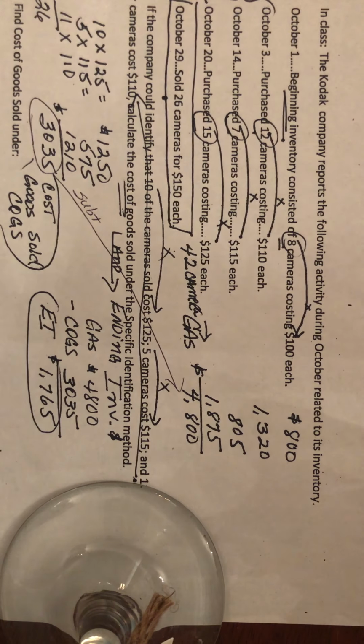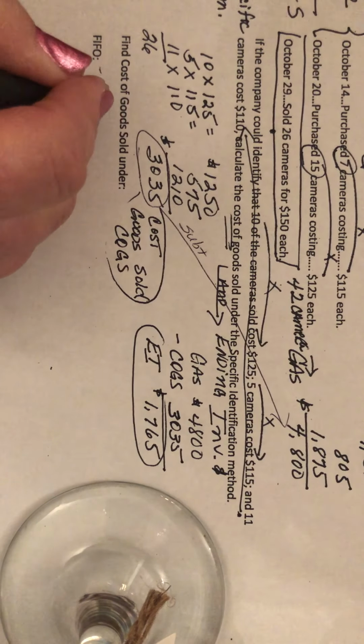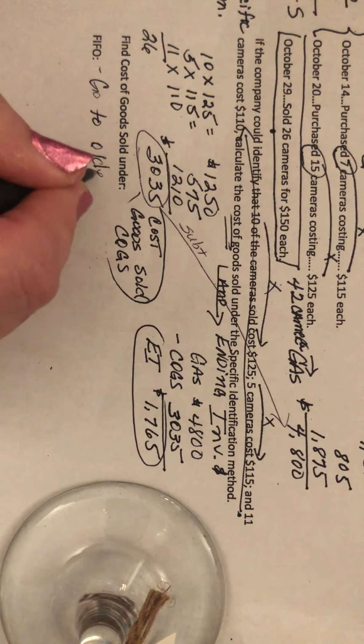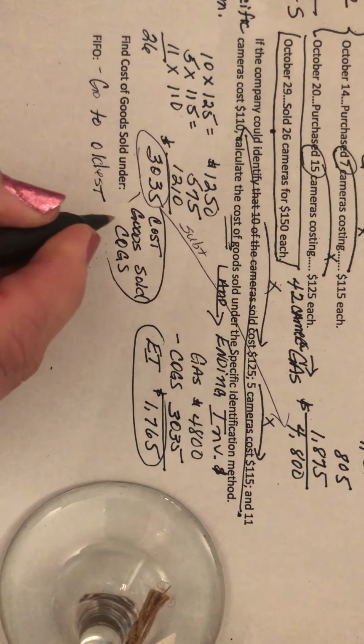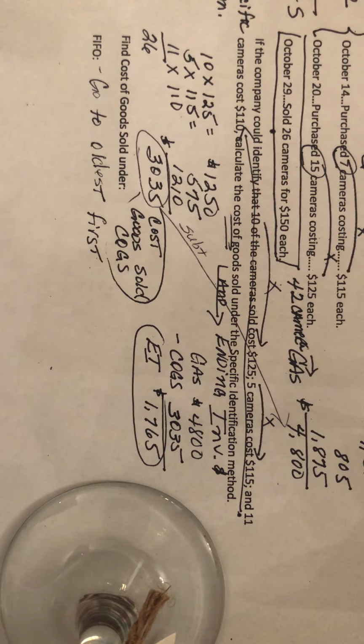All right, let's move on to first in, first out. Now, with first in, first out, what you want to do is go to the oldest first. So whatever you bought or had to begin with.